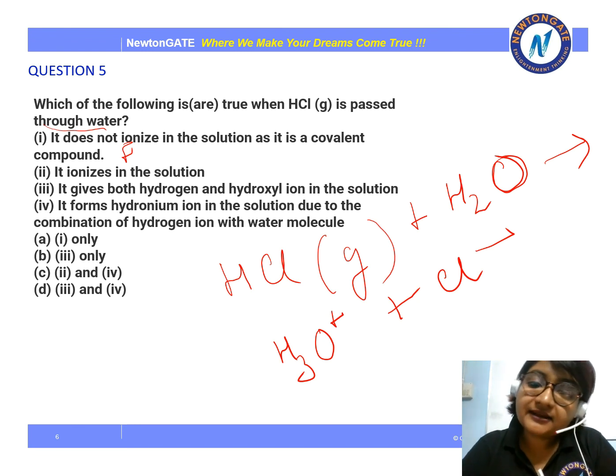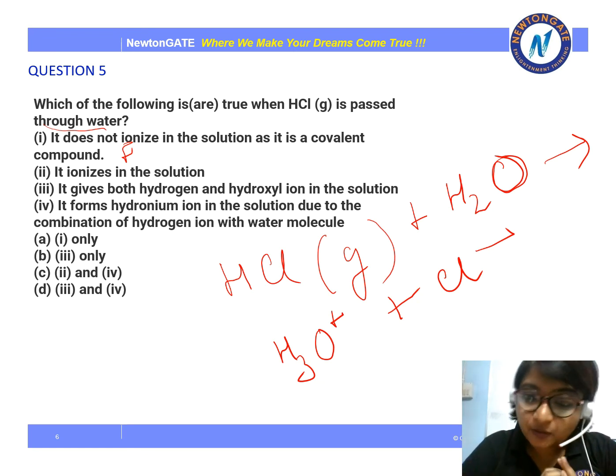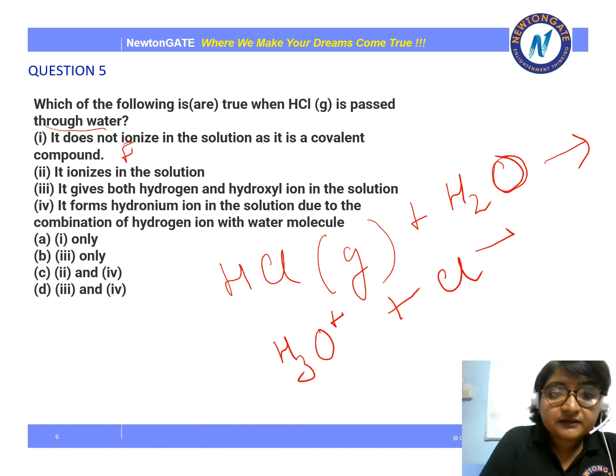So it can attain stability by taking 2 electrons from oxygen. So that's why it will form hydronium ions. Okay, it will not exist as H plus ions. This is a true statement.